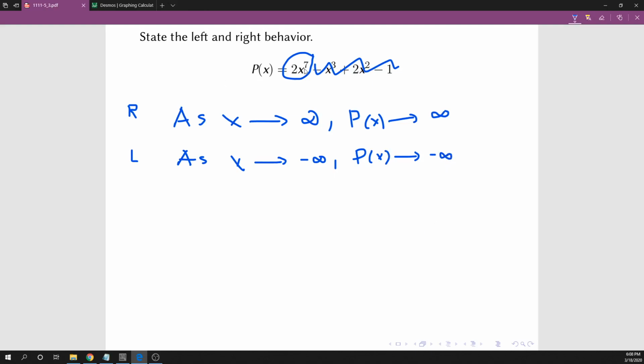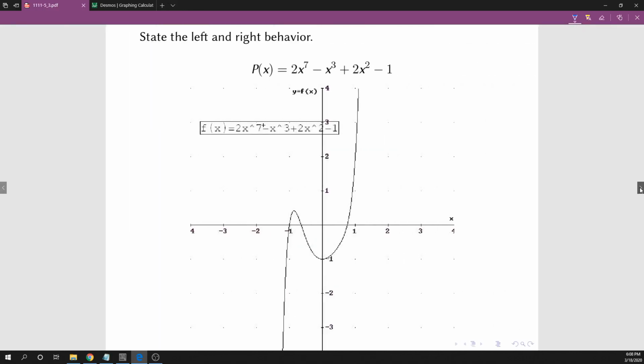So that means if I graph out this polynomial, we're going to see that it goes up on the right, and on the left it goes down. And who knows what's going on in the middle? That's a little bit more complicated. All right, and so there you can see, right? That's what the graph looks like. This ancient graph that I drew years ago.